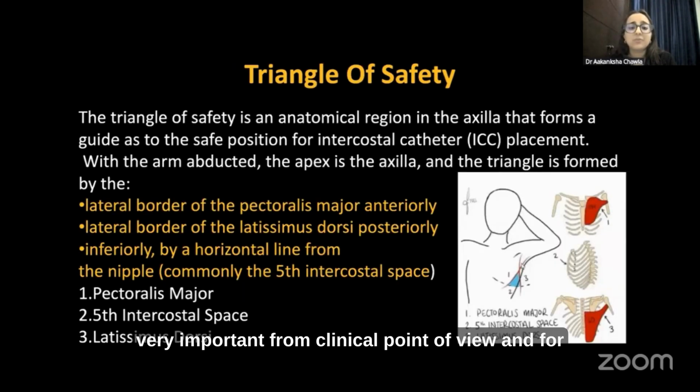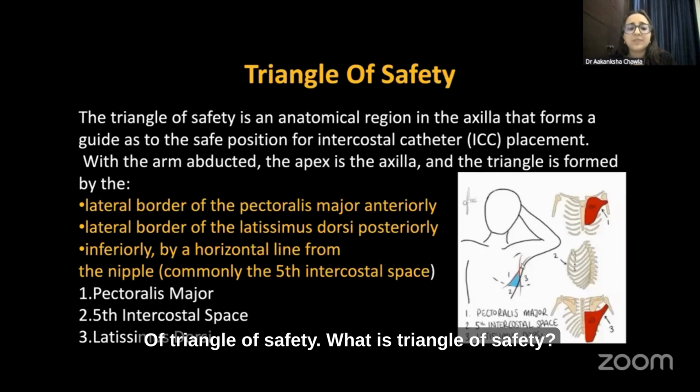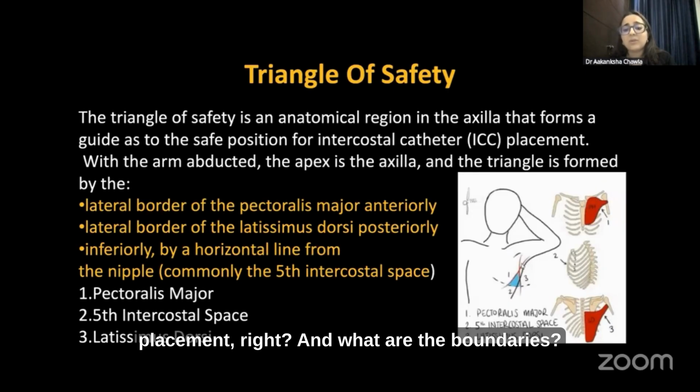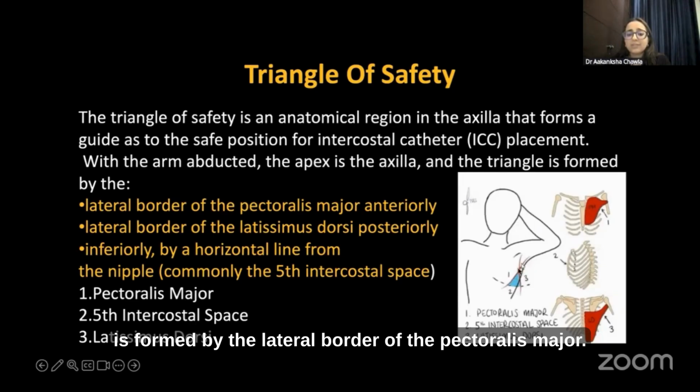Very important from a clinical point of view and for procedure, the triangle of safety. What is the triangle of safety? It is basically an anatomical region which is used for your ICT placement. And what are the boundaries? The apex of the axilla is where the triangle is formed. Anteriorly it is formed by the lateral border of the pectoralis major.